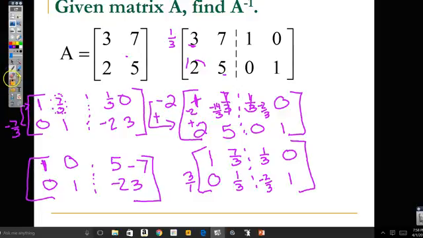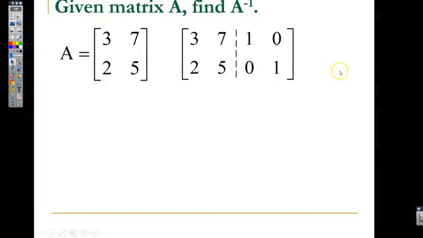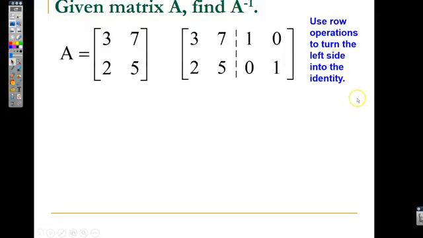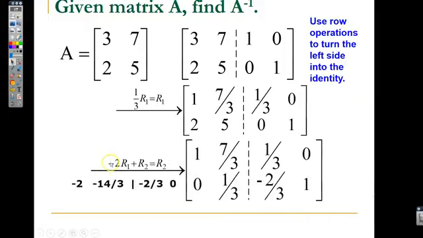So now let's watch it with the equations. So they multiplied by 1/3, just like we did. They multiplied by negative 2 and added it back.